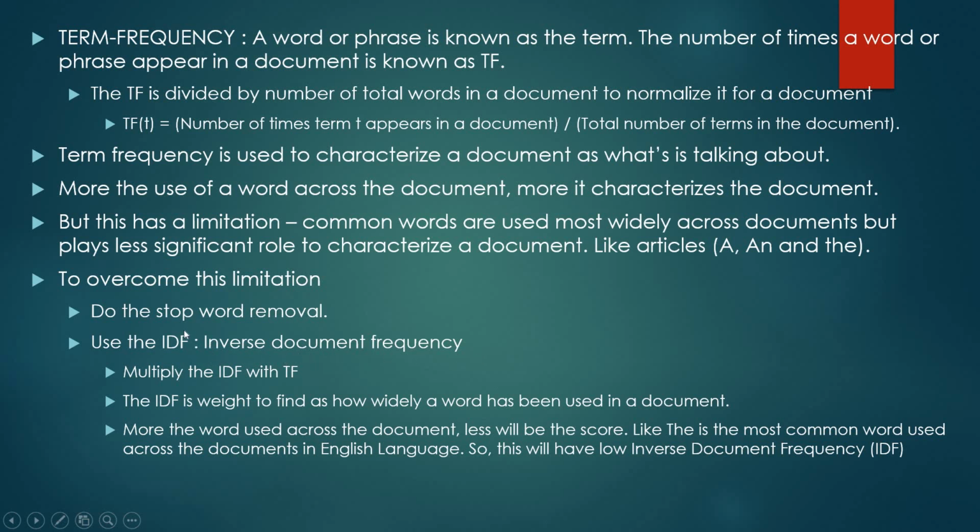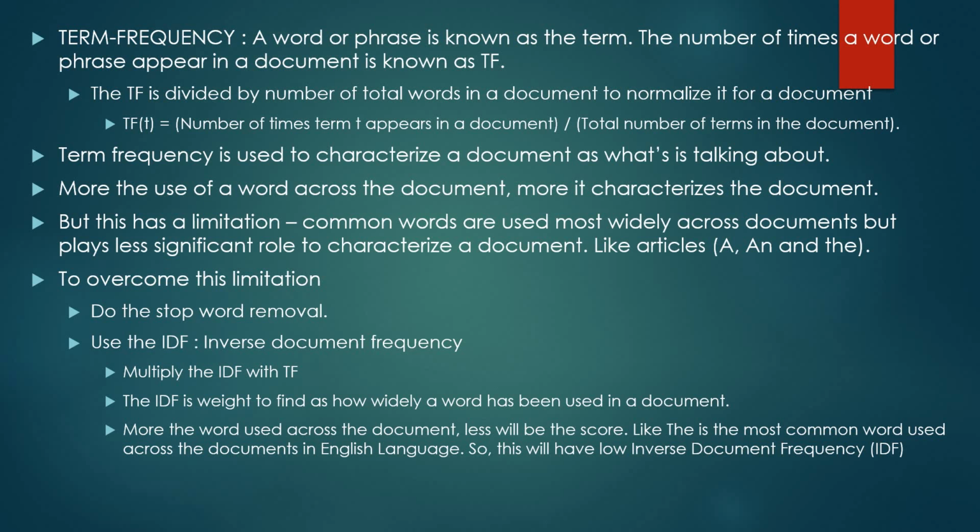If we have to find out what word is more significant, then we need to multiply, I repeat, we need to multiply the term frequency of a particular term or word in a document with the inverse document frequency. You have to multiply TF for a particular term with the IDF, right?